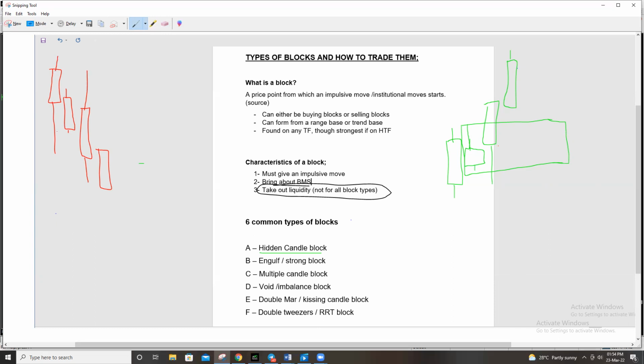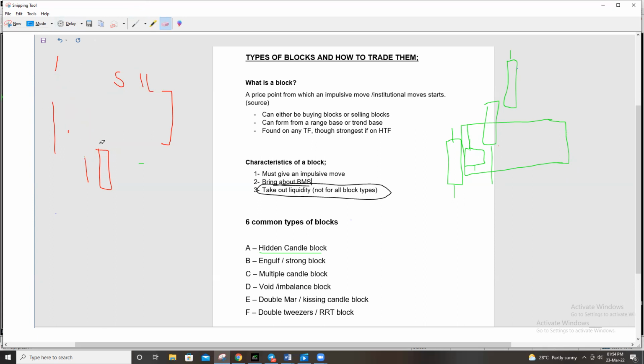This tail has covered the top side, this tail has covered the bottom tail, and it can also be the body, not necessarily the tail. So this one here becomes a block, okay? So this is a sell block. Oh, my drawing game is usually not so good. So this is the hidden candle block. Note it's a very strong kind of block.